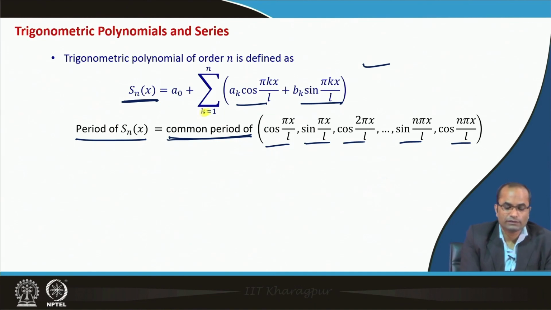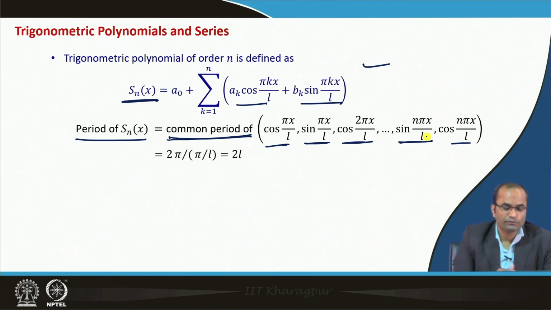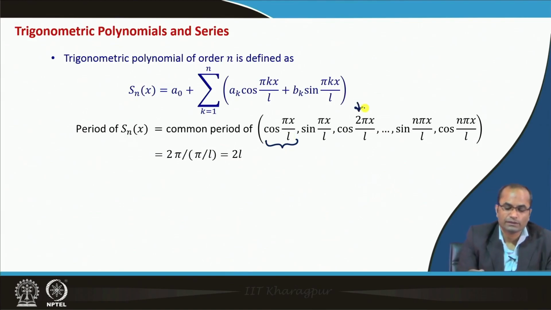When k is 1, it is cos(pi x over L) and sin(pi x over L), then we have cos(2 pi x over L), sin(2 pi x over L), and so on. This continues until sin(n pi x over L) and cos(n pi x over L). If you want the common period of this, remember from the previous simple example that the common period comes from the first function itself, because here we have 2 times, then 3 times, n times.